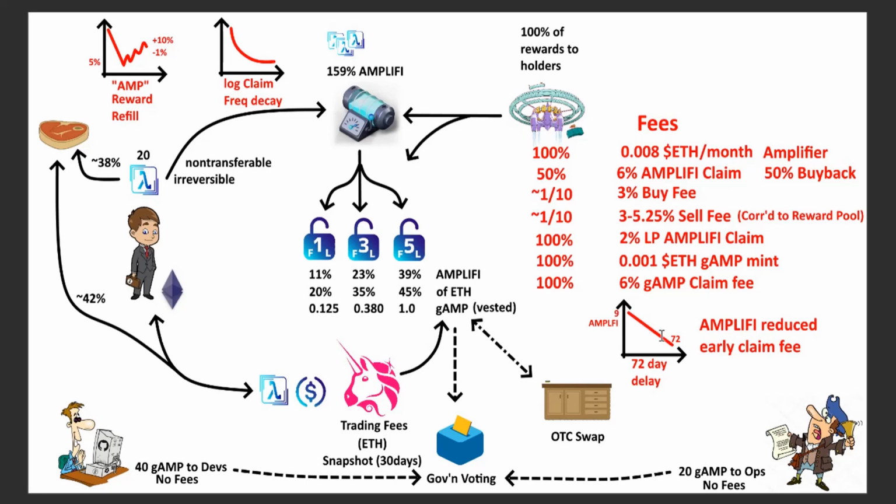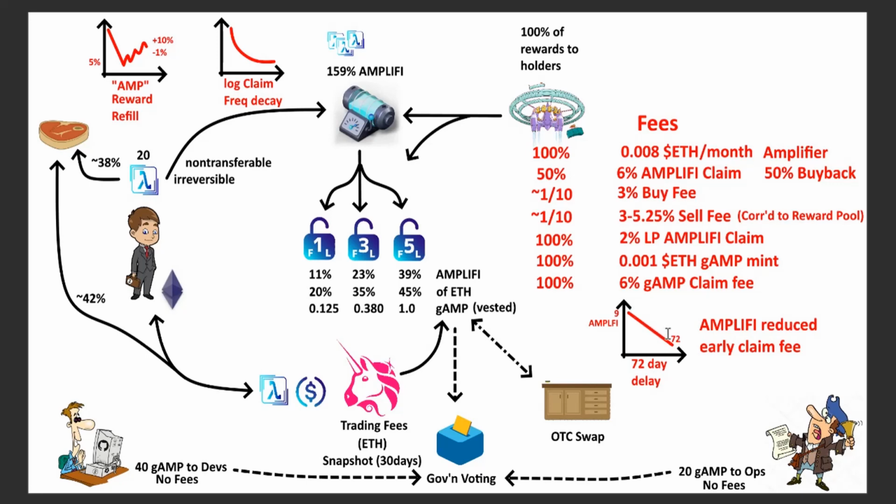And after 72 days, this fee is gone. So this just reduces the amount of AMPLIFI. This is not an ETH fee, so there's no percentage given to validators, because it just reduces the amount of AMPLIFI. So once you open an amplifier, the best time to start claiming AMPLIFI tokens is 72 days later, because you will get the most of them that you could possibly get.